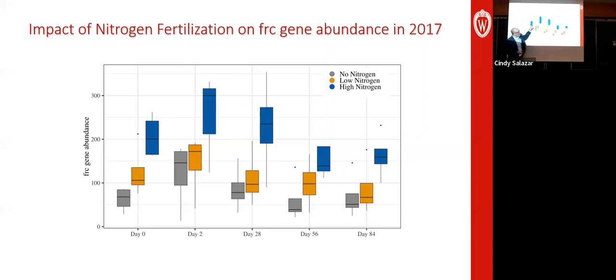And part of that bacterial population is effective at degrading oxalic acid, which might prevent the fungal infection from occurring that causes dollar spot.